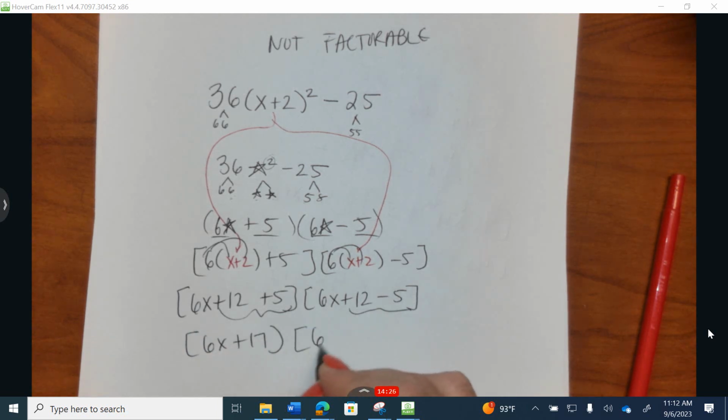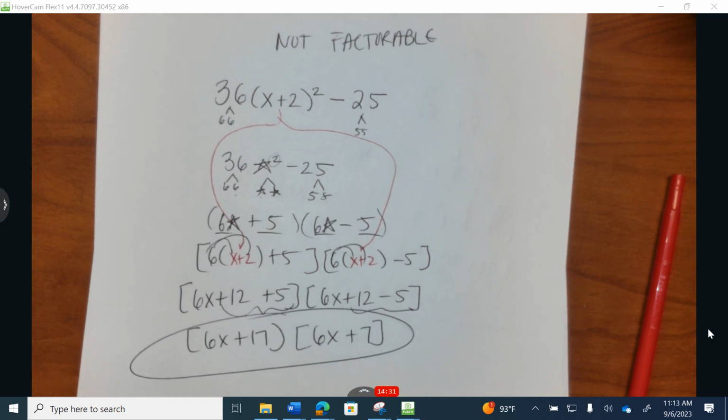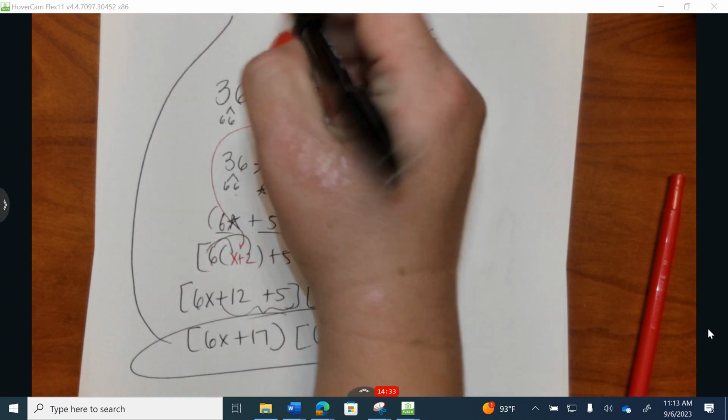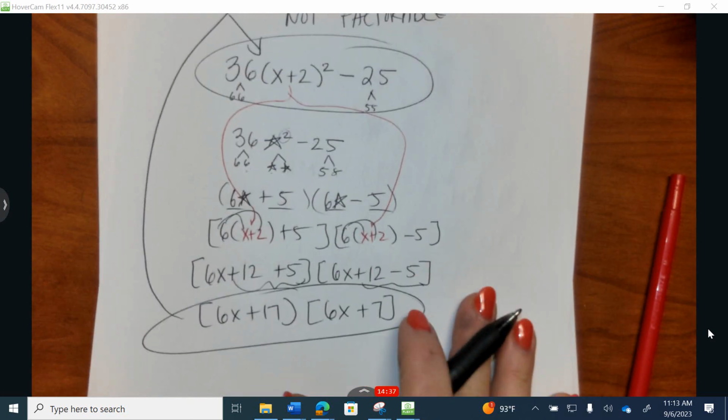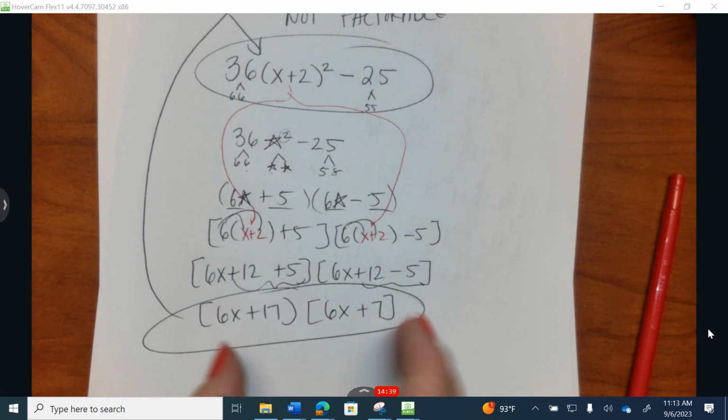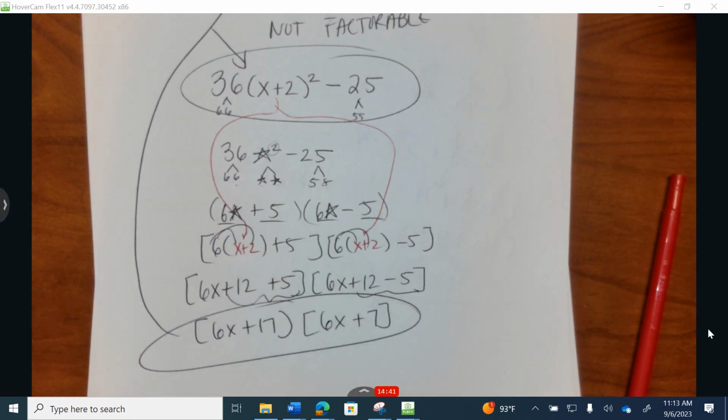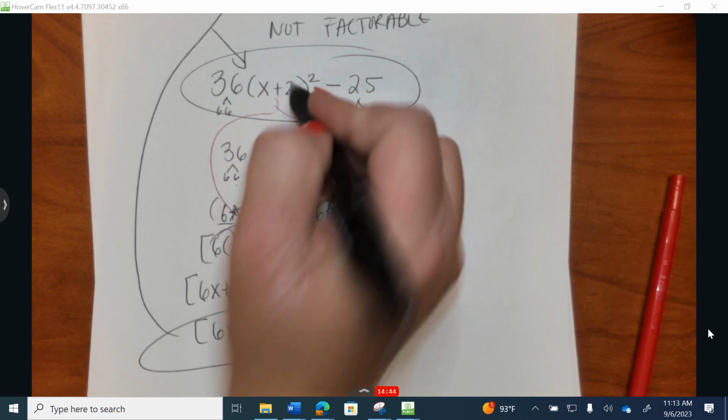Combine like terms. This should be my final answer. Remember, this is just another way to write this original expression. So this is in factored form or condensed form, and what we have up above is an expanded form, and I guess we could expand it even further.